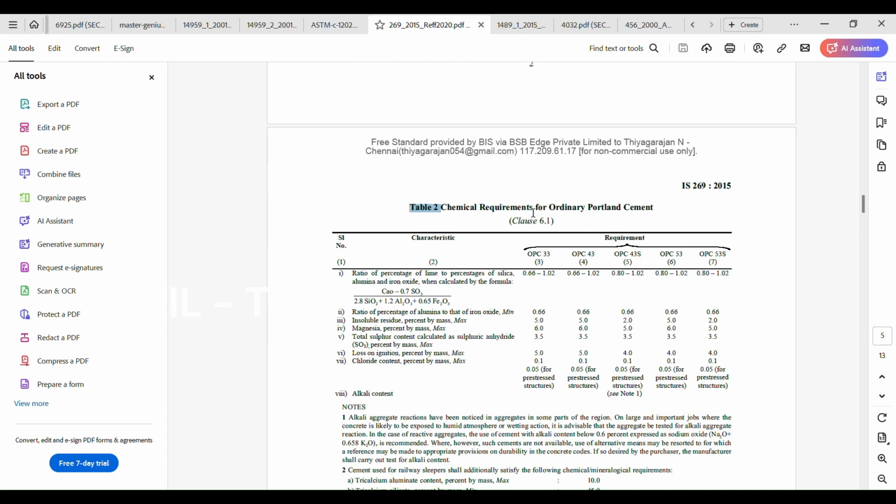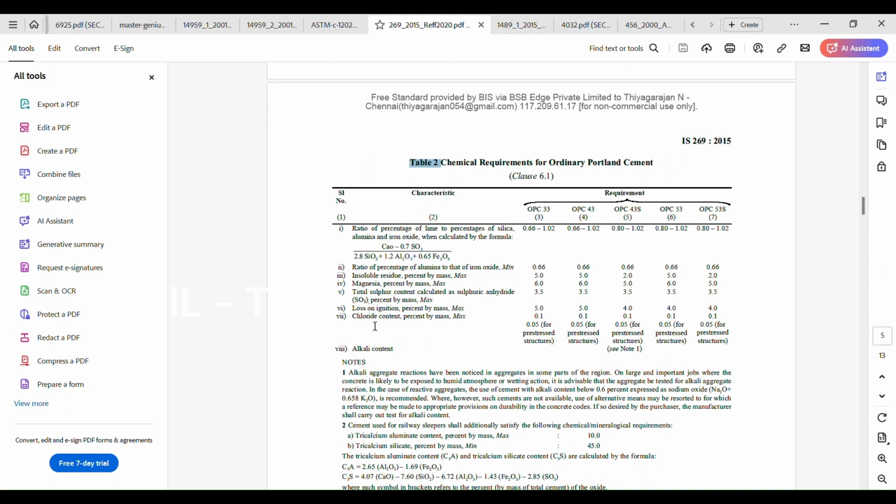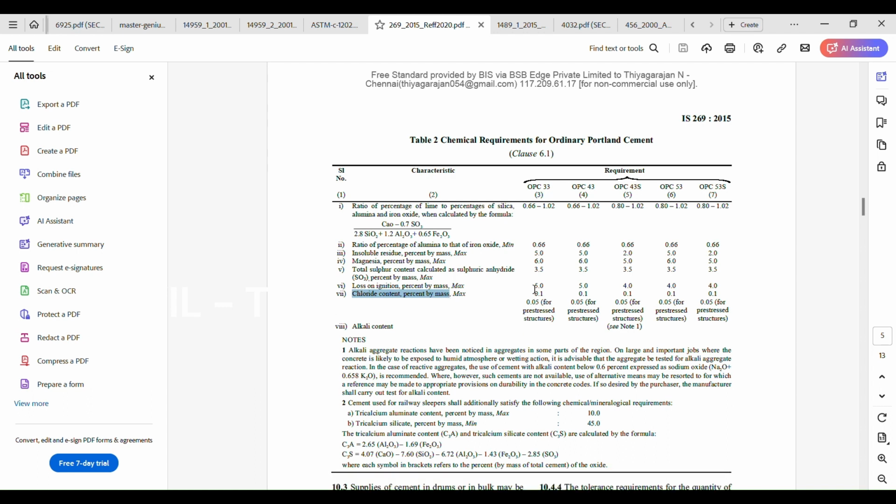As per Table number 2, chemical requirements of ordinary Portland cement, the chloride content percentage by mass, the maximum values from OPC 33 to OPC 53S are the same. Chloride content is 0.1 percent by mass of cement, and 0.05 percent by mass if the concrete is used in pre-stressed structures.